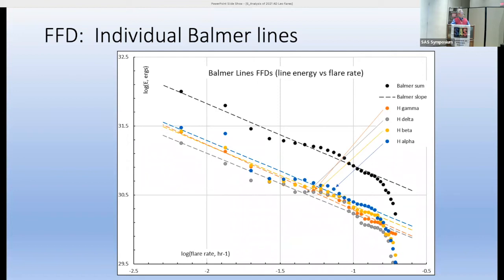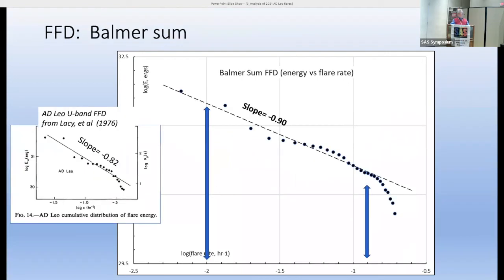It's also worth noting on the prior slide, the units on the horizontal axis: that turnover, where the flare is no longer large enough to be reliably detected, is at log flare rate of minus 0.9.